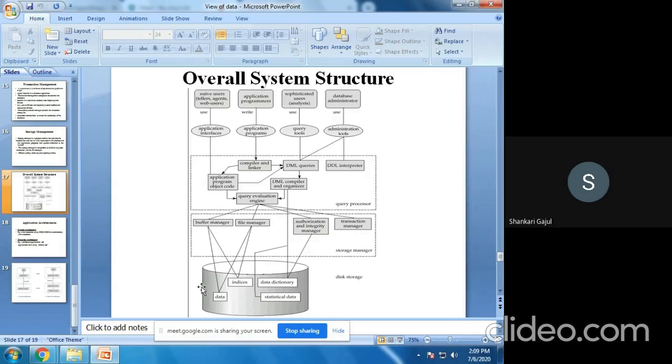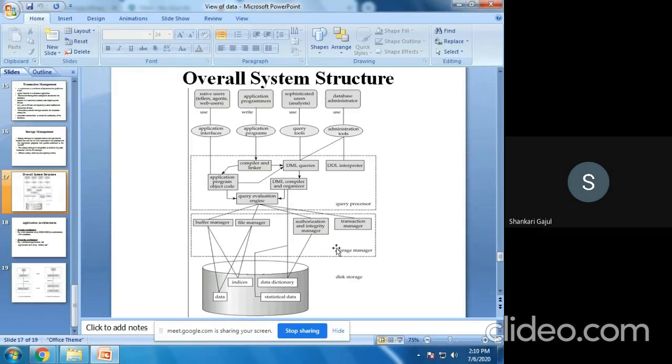What about the file manager? The word itself is self-explanatory. The file manager manages the allocation of space on the disk storage: how much memory is required, what kind of space is required for a particular operation. That job is done by the file manager of the storage manager. This is the third component.